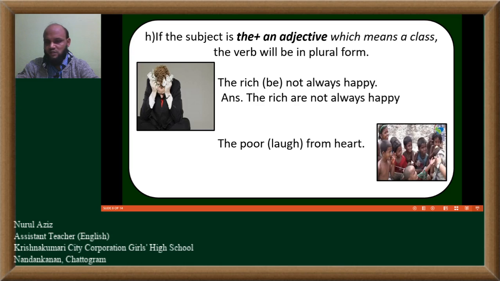And in the next picture you see the boys are laughing. So this is their natural smile. So you can say the poor laugh from heart.